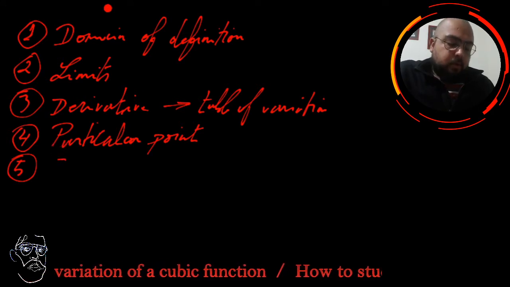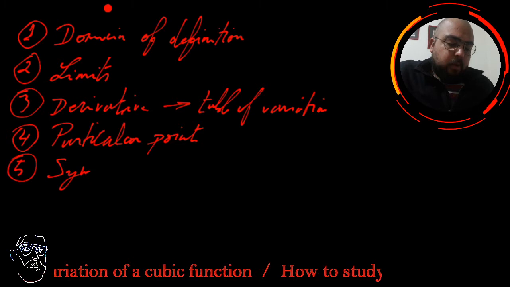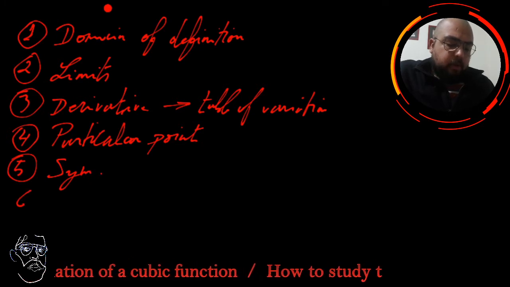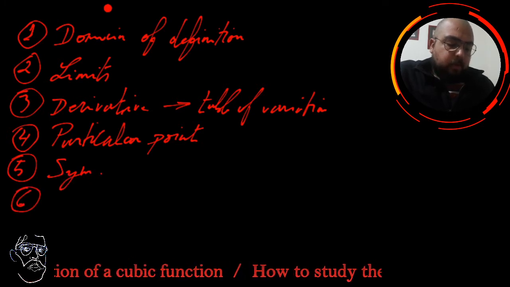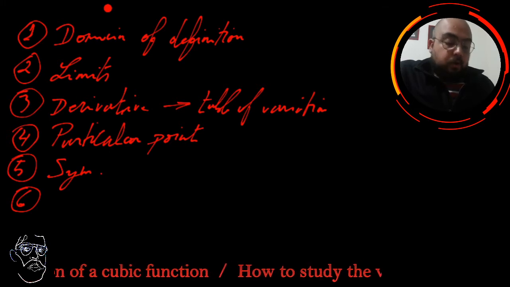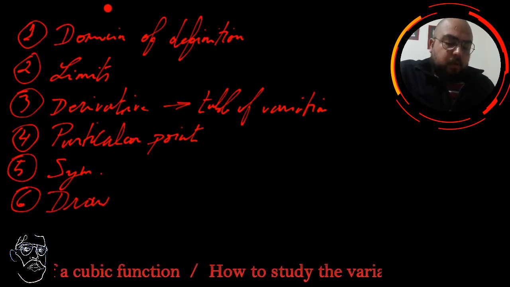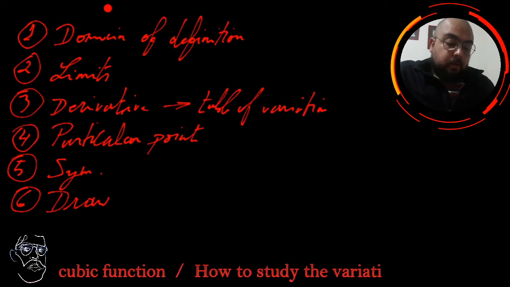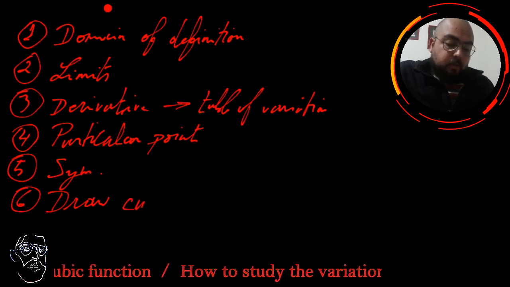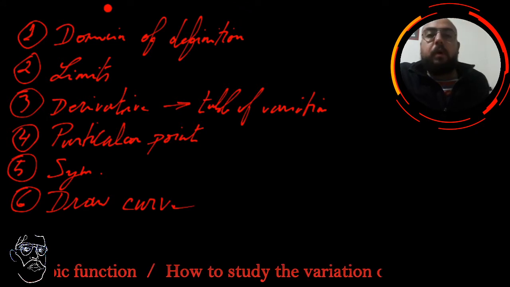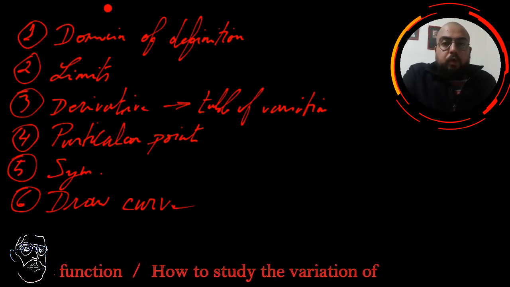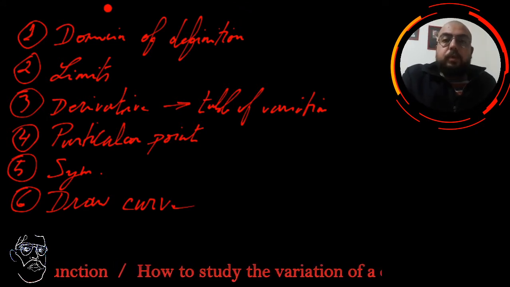Of course, if there's a symmetry, you can study the symmetry. And finally, at the sixth step, you will have to draw the curve. So these are the steps that you can follow in order to study almost any function.